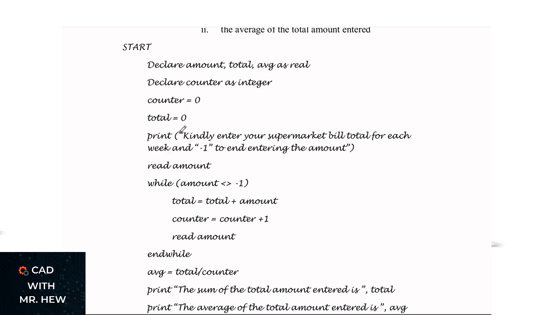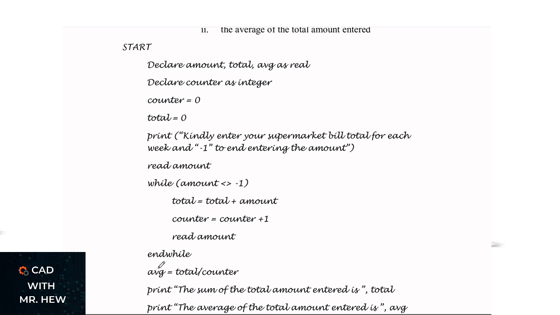Print, kindly enter your supermarket bill for each week and type -1 to stop entering the amount. So we have read amount, then you have while amount is not equal to -1, total is equal to total plus amount, counter is equal to counter plus 1, read amount, end while.